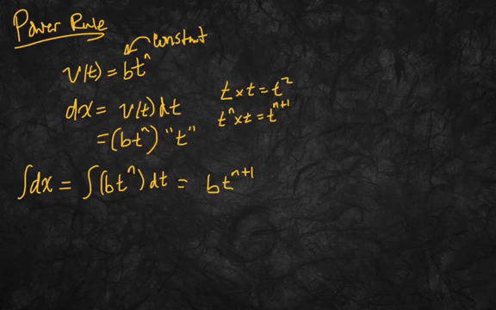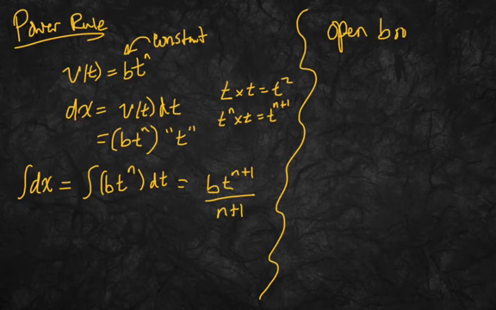If you add all of your dt's together, your total time is going to be your t. However, for some reason, and you're going to learn it in calc, you have to divide that by an n plus 1.